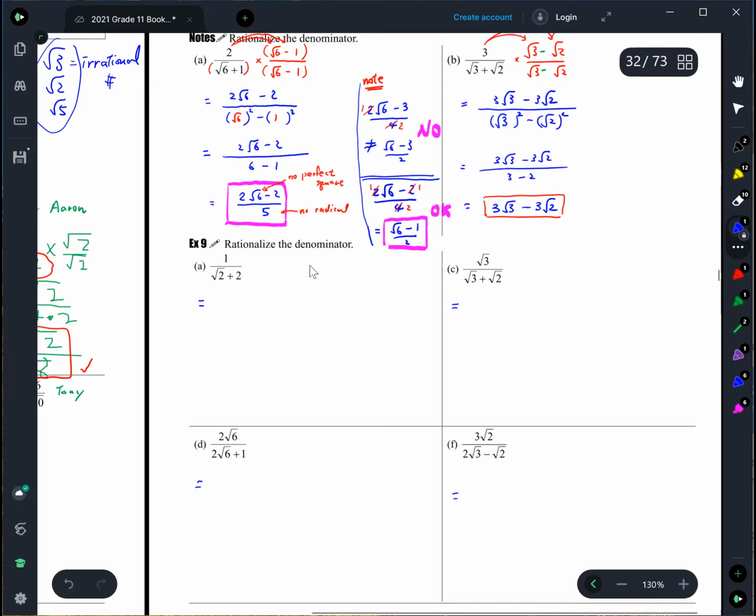I just noticed the lettering is a bit weird. It goes from A, C, D, F, so don't worry about that.